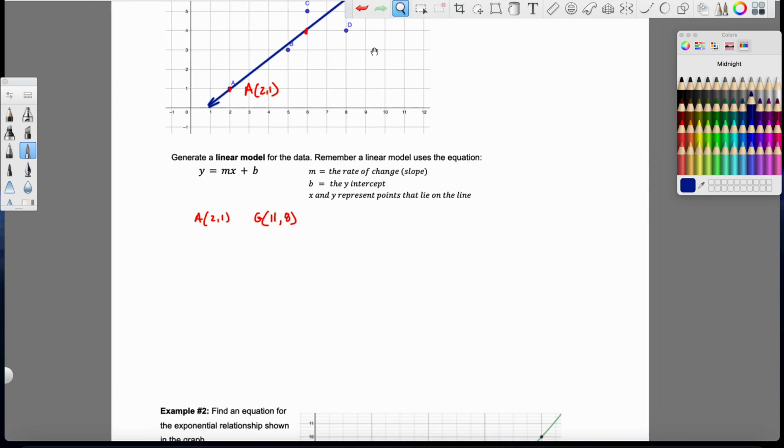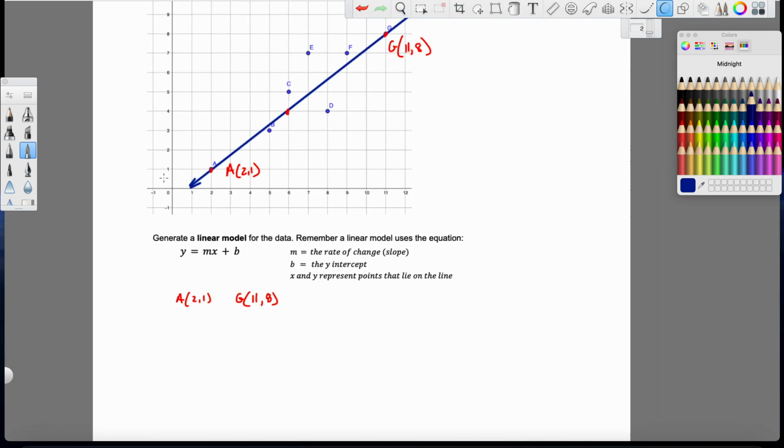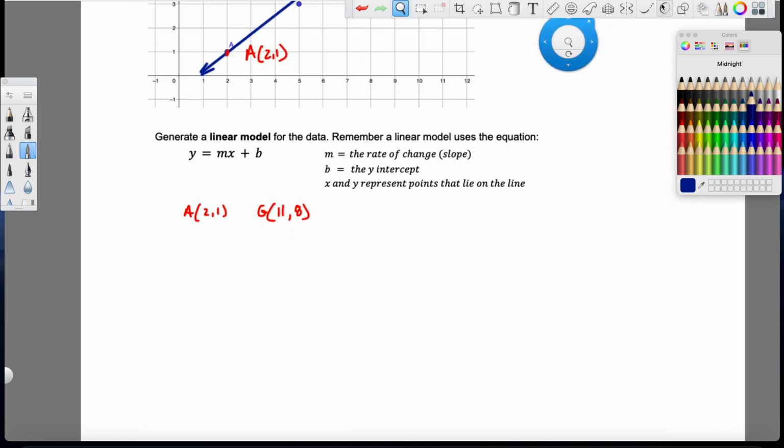There are infinite points that lie on this line, but I've got these 2 points that I know lie on my coordinate grid. So we can find the slope first, and then we can get the y-intercept.